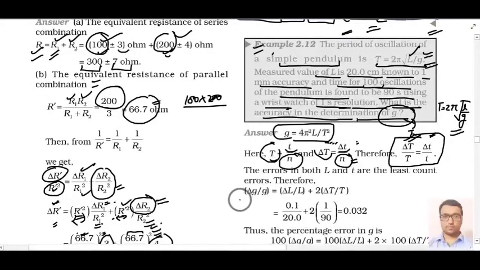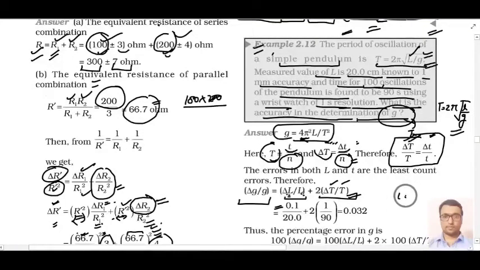So if you apply this formula, the error will be delta g by g equal to the first quantity delta L by L, because 4 pi square is constant, there is no possibility of error. So the first is delta L by L, the second will be 2 times delta T by T, but remember this is for one time period. Delta L by L is the error in length, that is 1 mm.